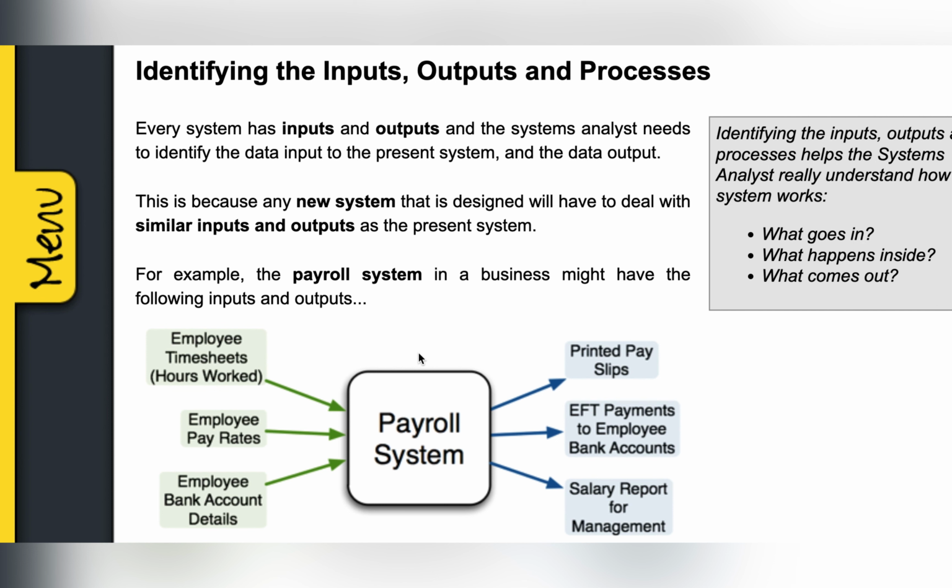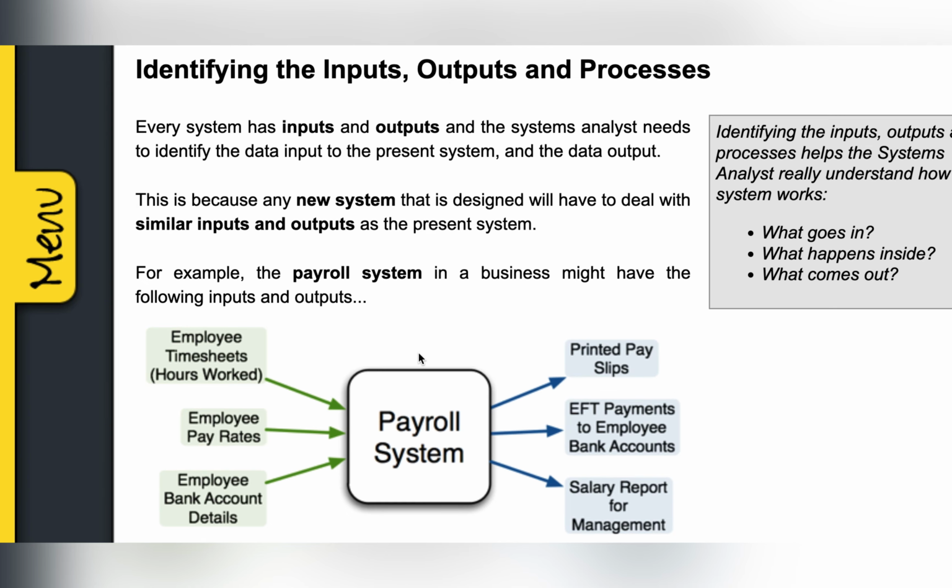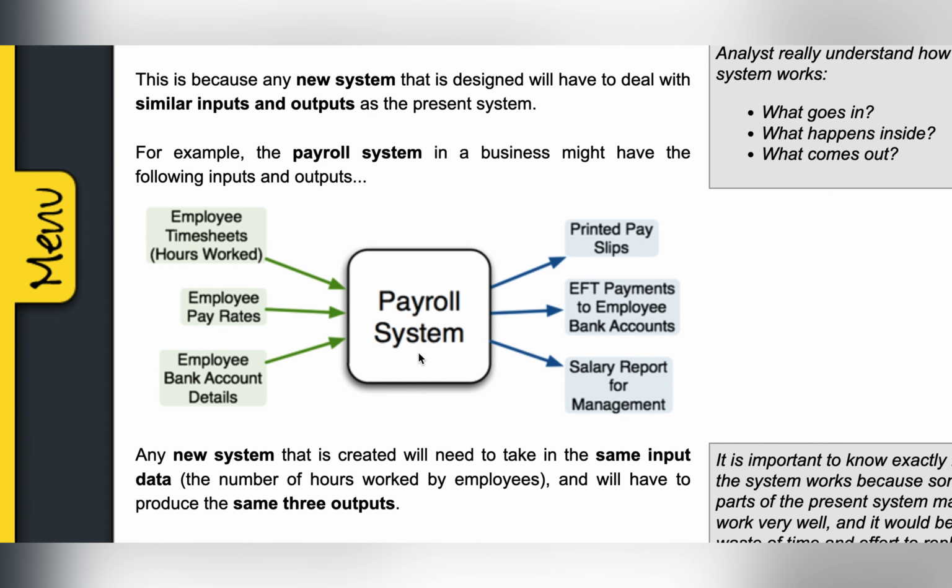So every business needs to have a payroll system that might help them to maximize profit. And in every payroll system, you have the inputs and you have the output. Okay, one of the inputs is the employees' time sheet. It has to be embedded in the system, like the log in and log out.